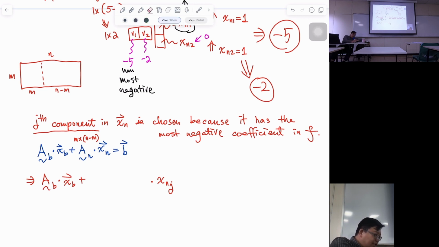This is A non-basic, which is a horizontal matrix.